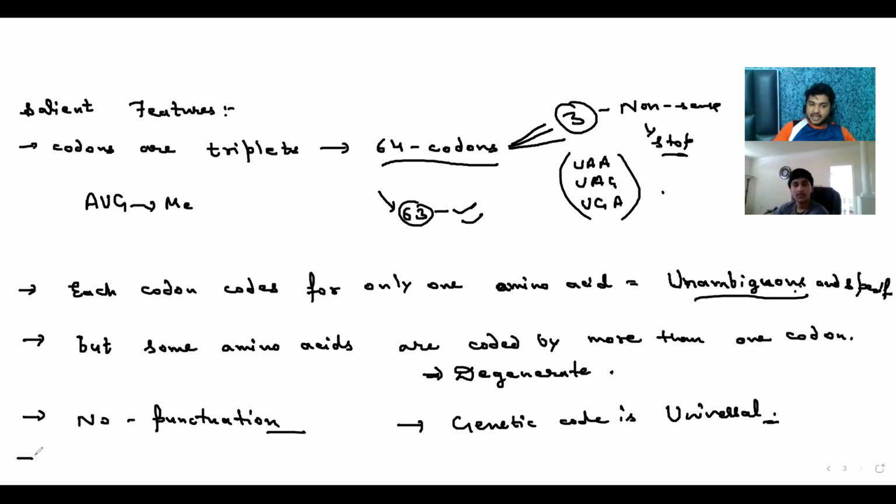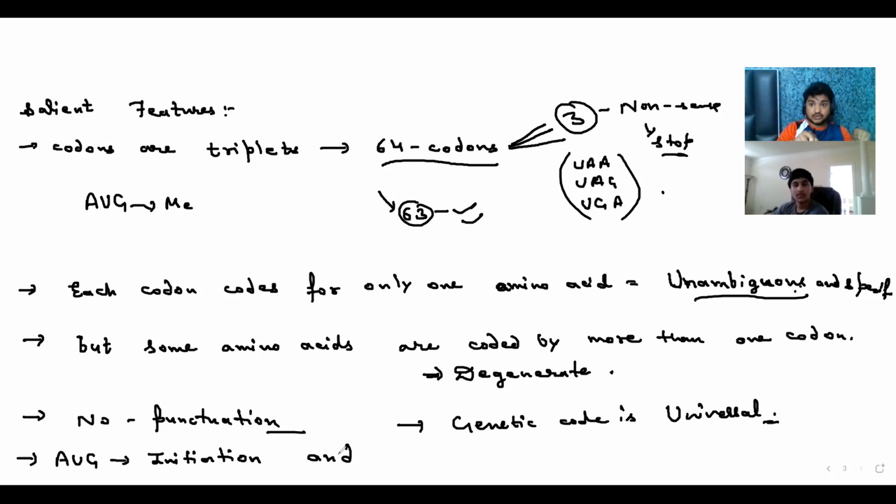And AUG has a specific function. It starts translation, so it is known as an initiator codon. Not only initiation, it is also coding, unlike a stop codon, which does not code for an amino acid.